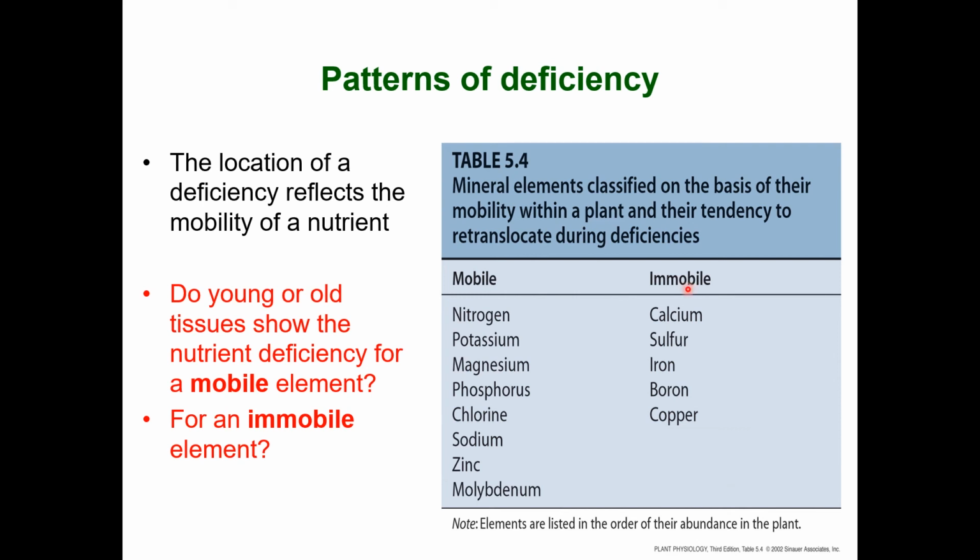If we have an immobile element like calcium or sulfur, then that immobile element is going to have been taken up by the plant and stay where it's put. So those older leaves are going to look fine, but the younger leaves will not be able to take advantage of the calcium or sulfur that's present, and the young leaves will show the nutrient deficiency. So there can be interesting patterns of deficiency depending on whether an element is able to move through the plant once it arrives there.